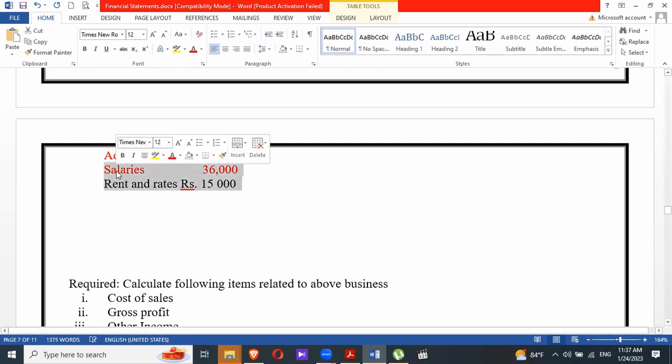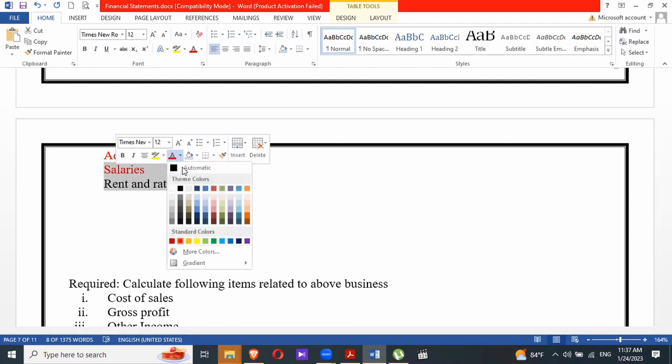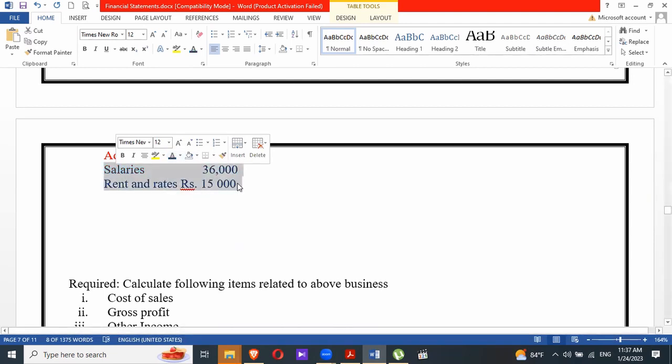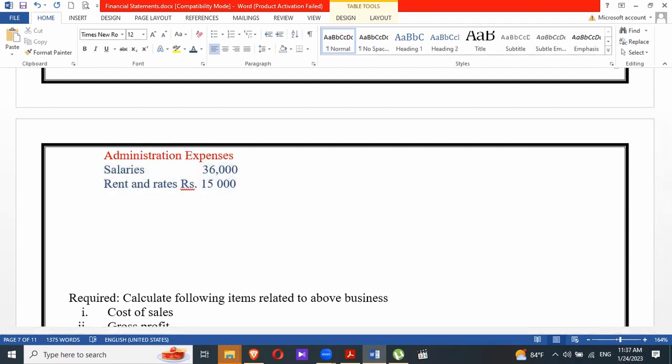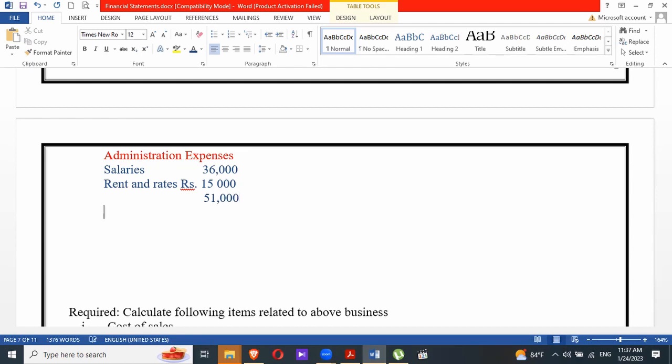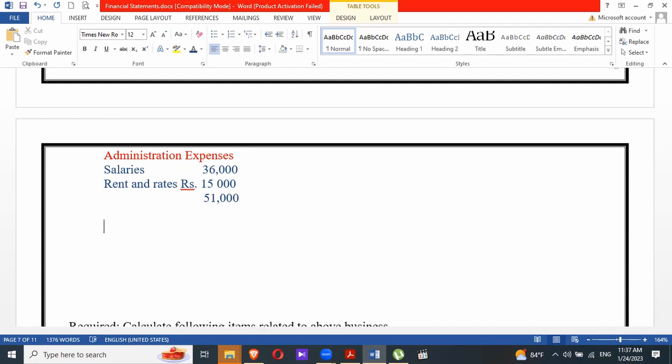Salaries and rent and rates only comes under administration according to this example. No any other administration items given, right? So here total is 51,000. 36 plus 15,000, 51,000.